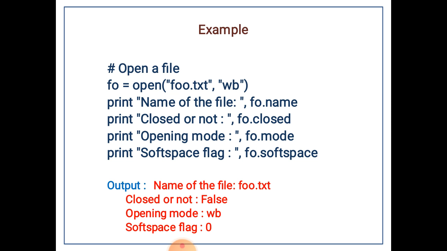Hence in the third line it is given that the opening mode is wb, and the soft space flag has been given 0. So you see the example there, which gives out the information regarding a file that has been opened: the name of the file, the access mode of the file, whether the file is opened or closed, and what the soft space flag is.